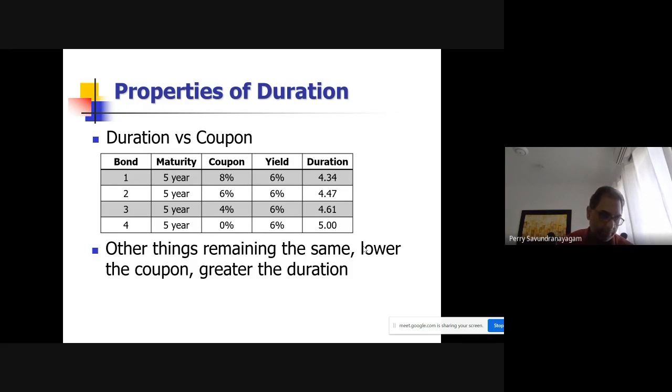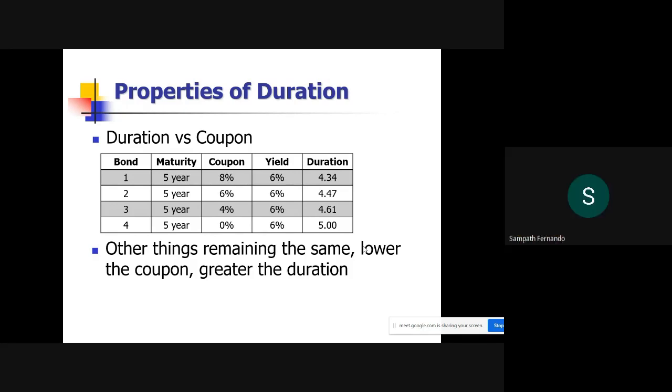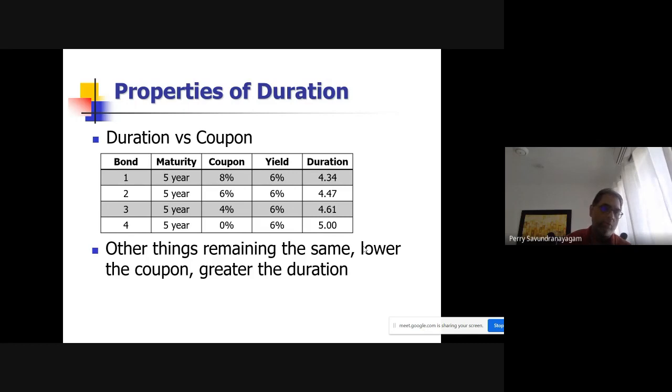Correct? Yes, sir. Okay. So now, if I believe interest rates are coming down, I would take the 6% bond that I'm referring to and buy it, because depending on how strongly I believe interest rates are coming down, I would want to buy the bond with the highest duration and lowest coupon.